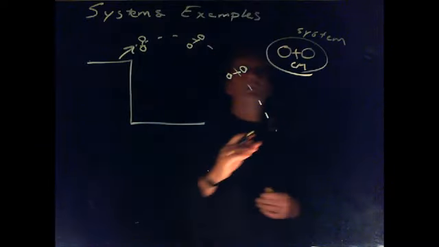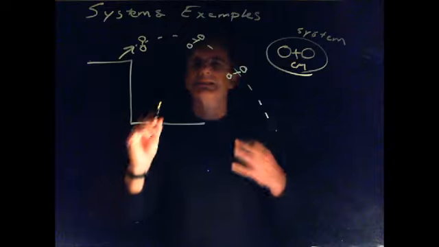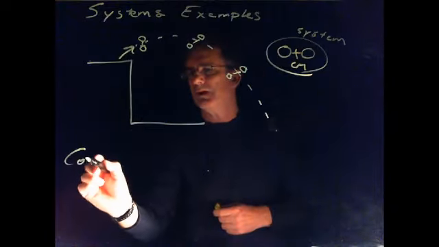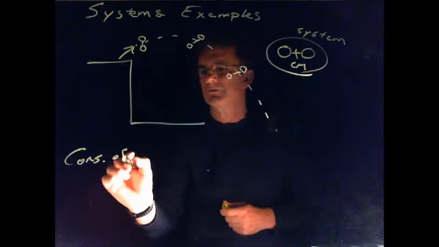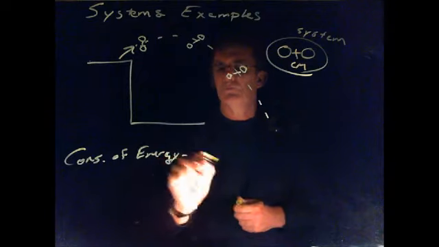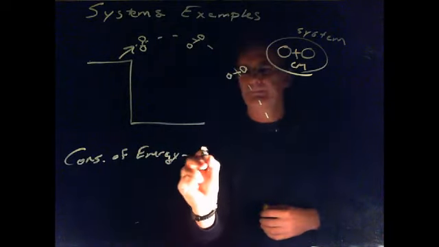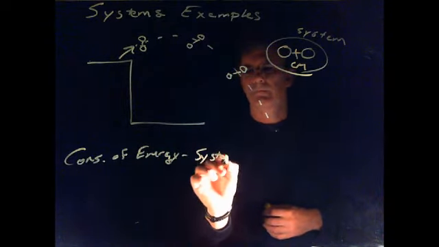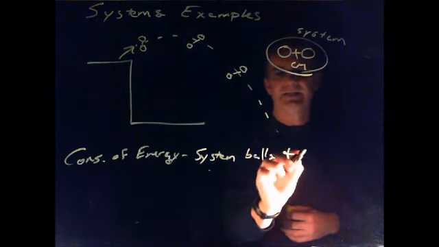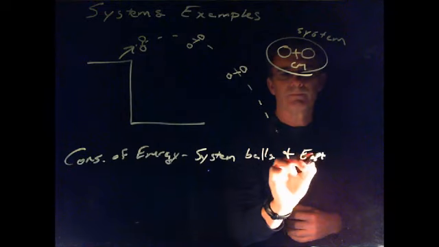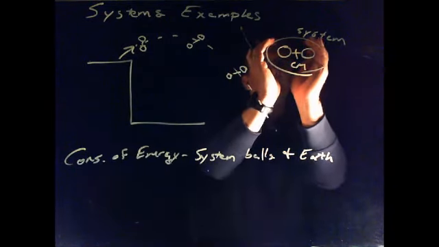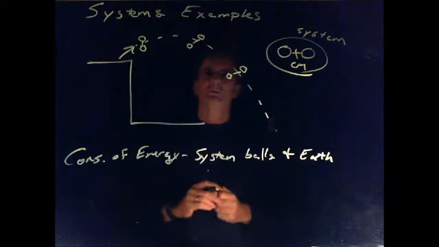When we talk about the system, when we talk about energy, when energy is conserved, and when momentum is conserved, and I'm just going to focus on energy, we're looking at the system of the balls that are tied together and the Earth. And so this is what I was referring to as my little microscopic system, so to speak.